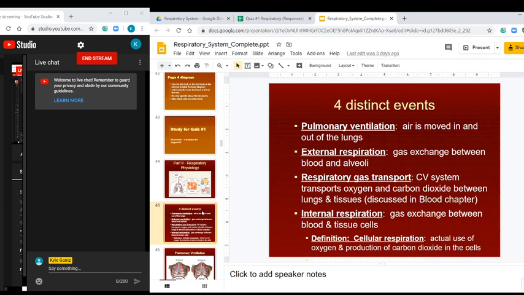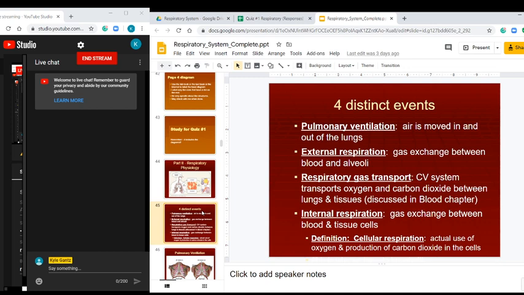So, there's that event where air goes in, air goes out. There's this external respiration where there is a gas exchange between the blood and the alveoli. So we have this gas exchange between the blood vessels that are wrapped around those paper thin alveoli.